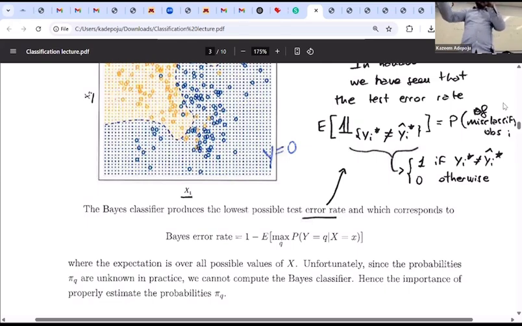But without collecting data, there's no way you're going to get the posterior, because the posterior is a combination of a prior and the likelihood. If they are unknown in practice, there's no way you'll be able to classify, or to get an error rate associated with that classifier. That was why I said we cannot compute the Bayes classifier.